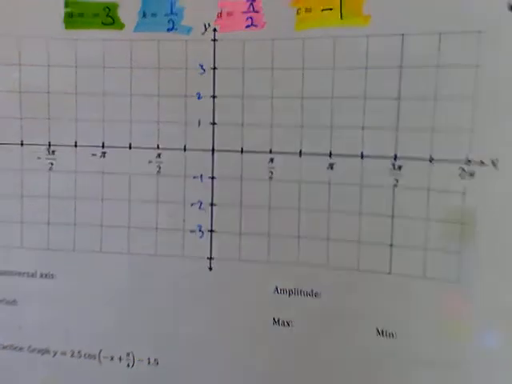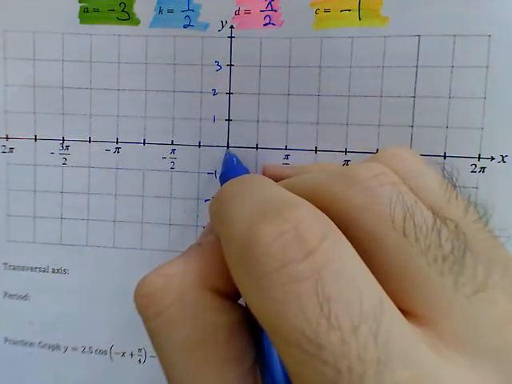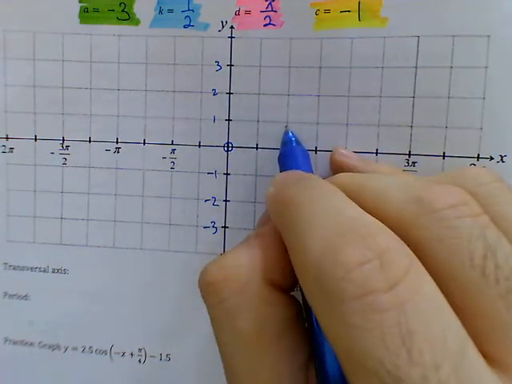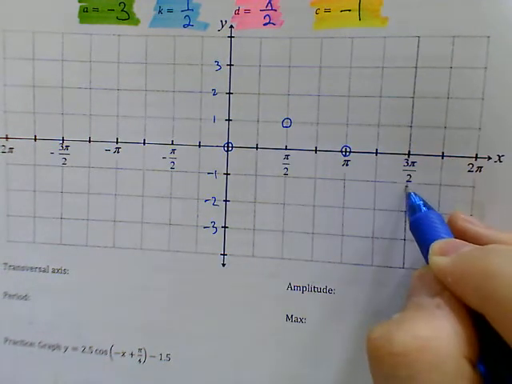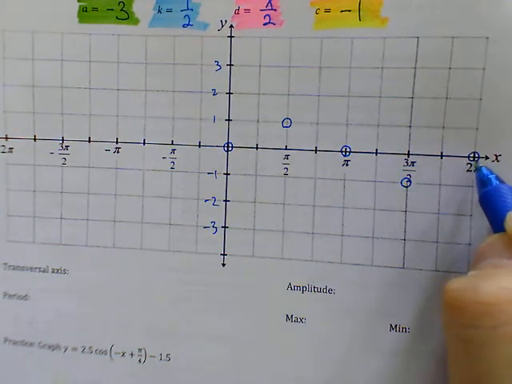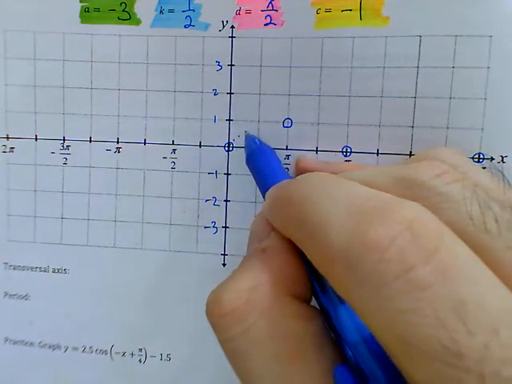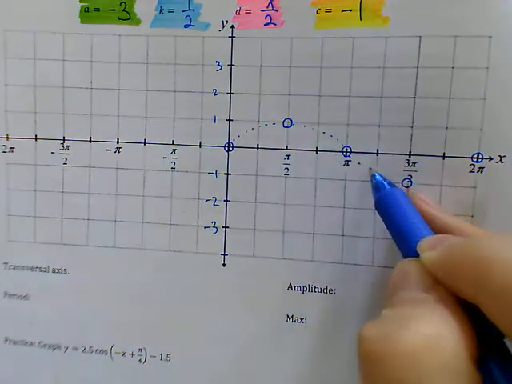My original parent function is a sine curve. So what do you know about a sine curve? It's going to be starting at 0. It goes as high as a 1, and then back to 0, and then -1, and back to 0. Because this is gonna change, I'm just gonna remind myself of where the original function was.